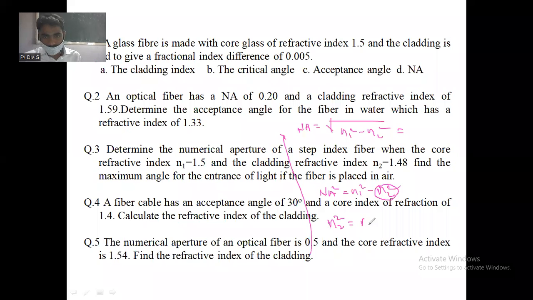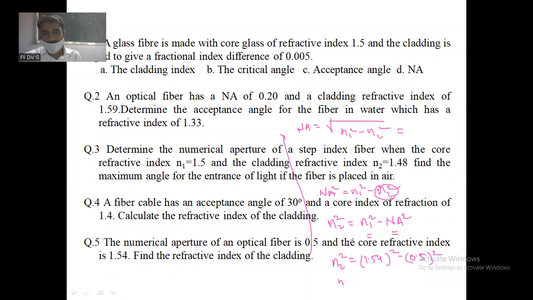So the modified equation is N2 square is equal to N1 square minus NA square. So we have N1 and NA. What is the given value of N1? N1 is equal to 1.54 and NA is equal to 0.5. So N2 square is equal to 1.54 square minus 0.5 square.